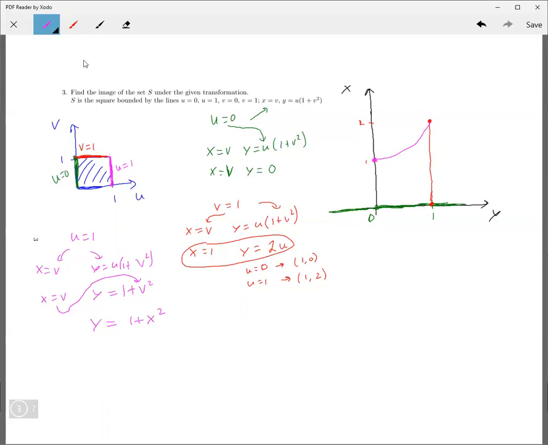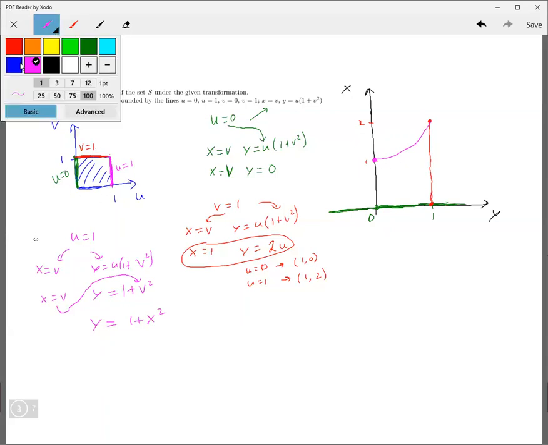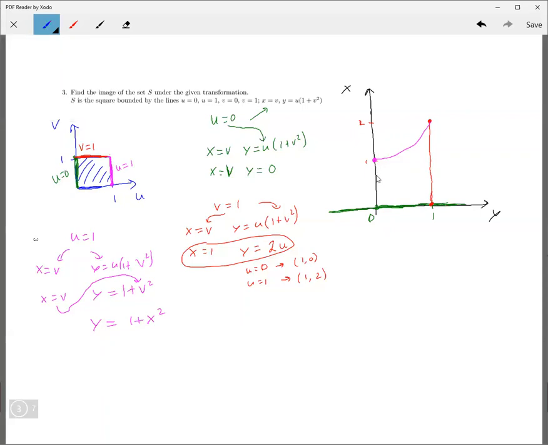And then if you do the other one, you're just going to get this right here. So this region maps to this one right here. This is what the image is going to look like, which is the bottom right answer.